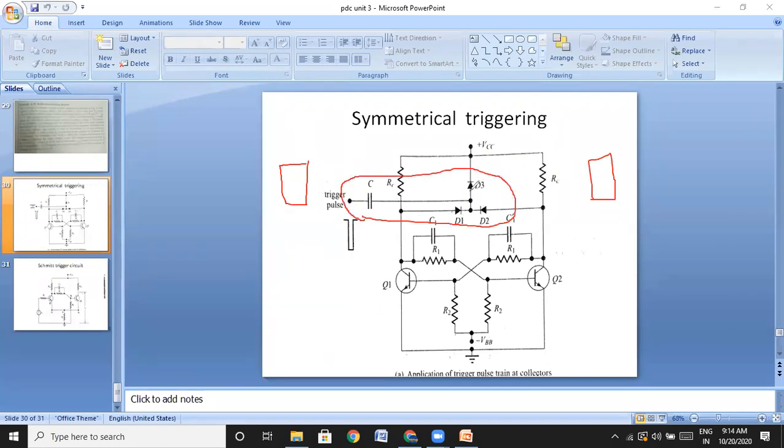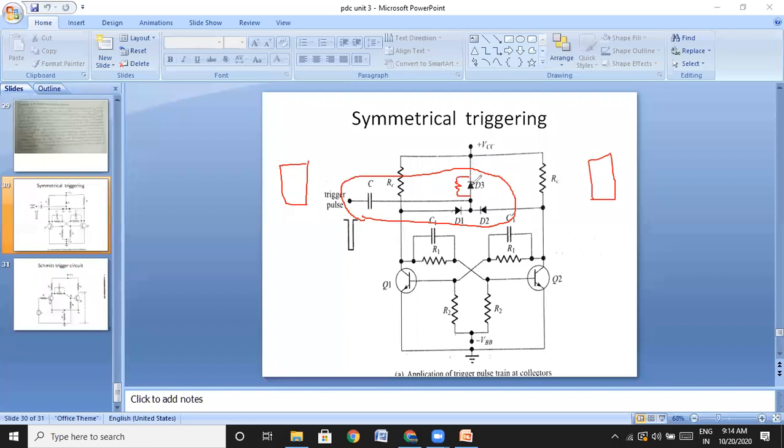And this diode offers a resistance to this part. Simply, you can replace this diode with a resistance also. In some cases they replace this diode with a resistor. Otherwise, this diode offers a forward resistance or a reverse bias resistance.